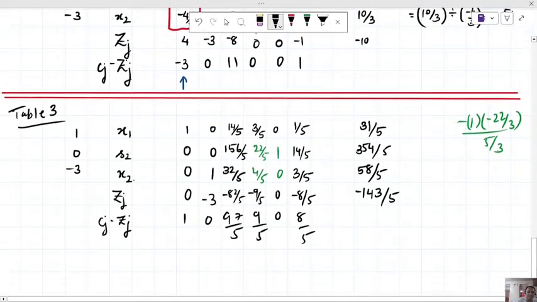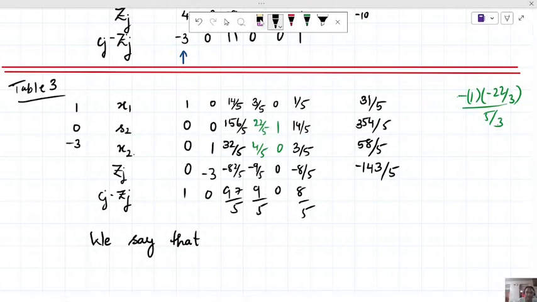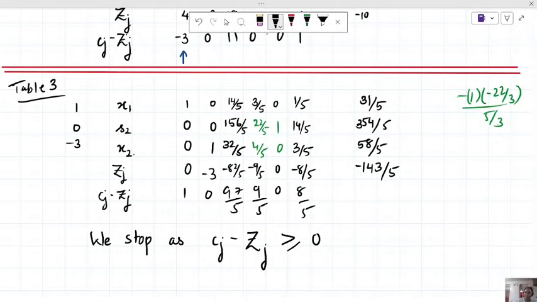So we say, or rather we say we stop here, as Cj minus Zj, all values are greater. Okay, Cj minus Zj is greater than or equal to 0.